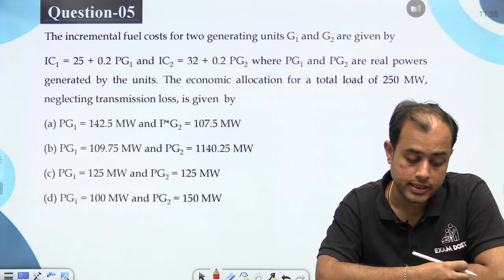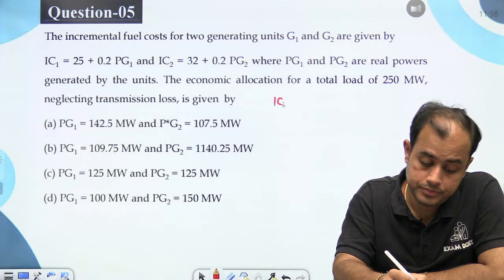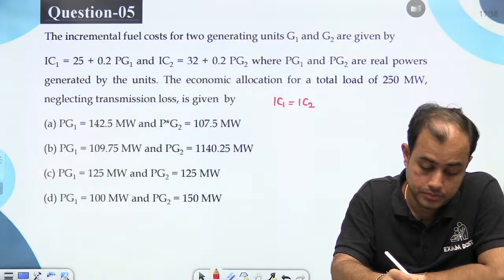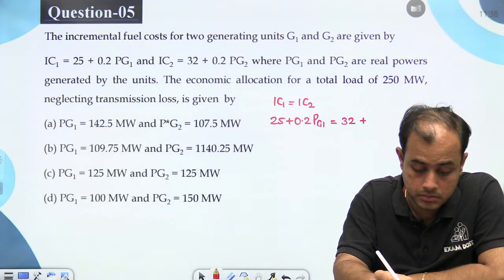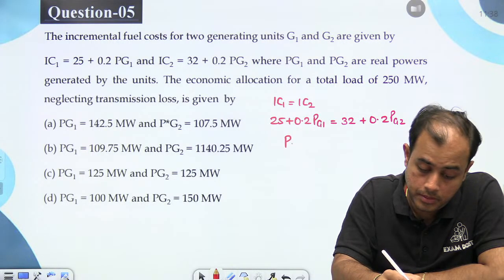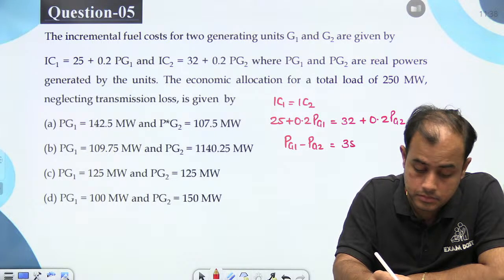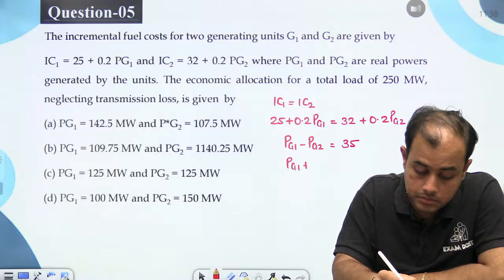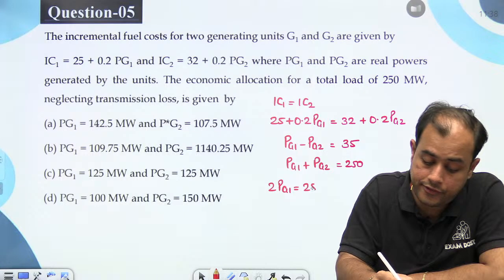Again ESE 2011. Okay. So when you add the two equations, it is 285.